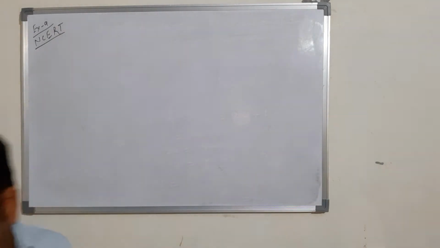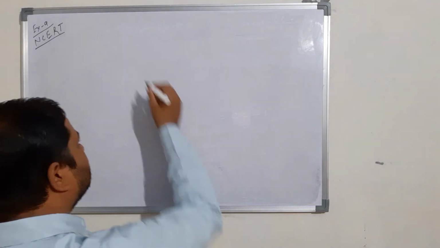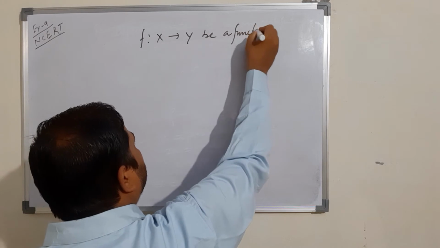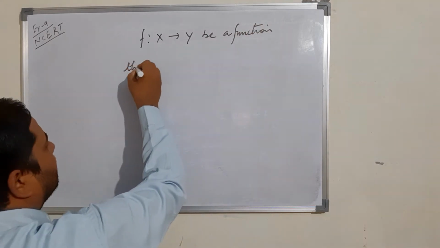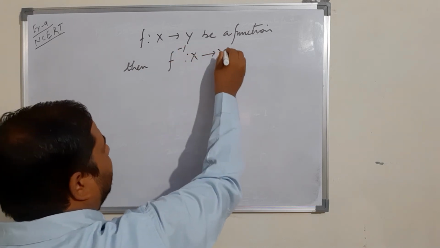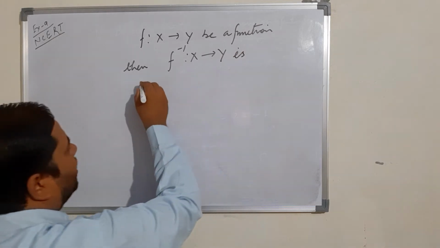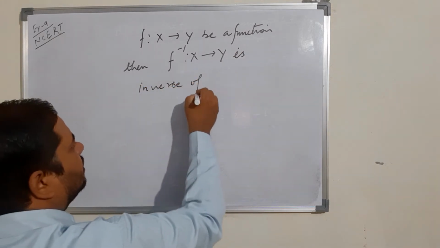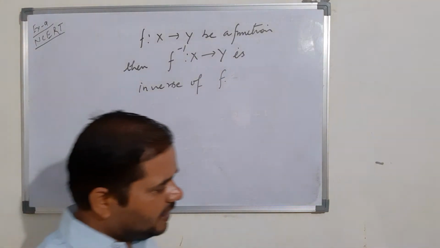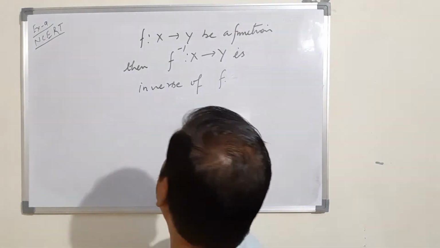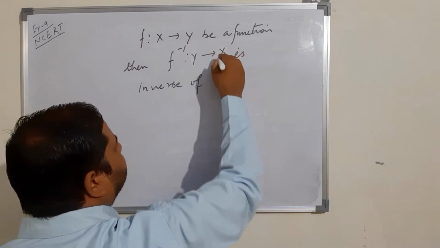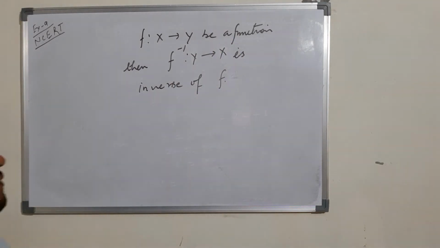Suppose f from X to Y be a function, then f inverse is the inverse of f. F is from X to Y, then f inverse is from Y to X. Sorry, from Y to X is the inverse of a function.